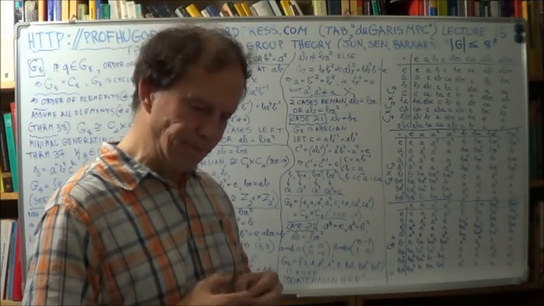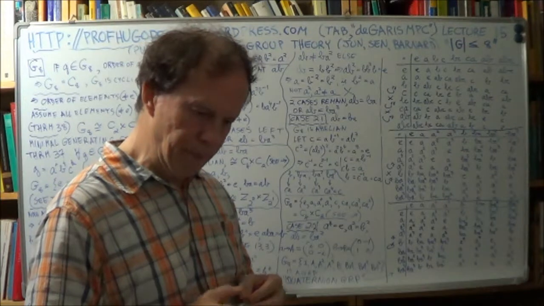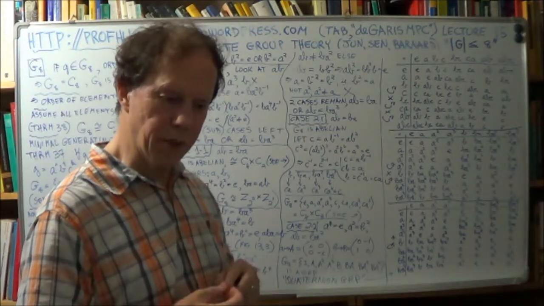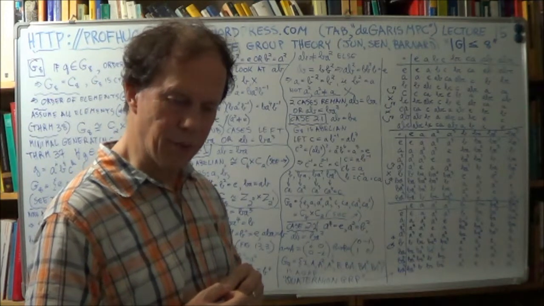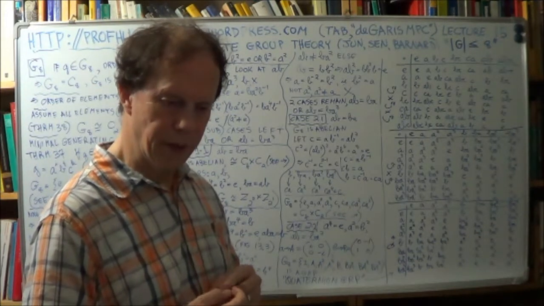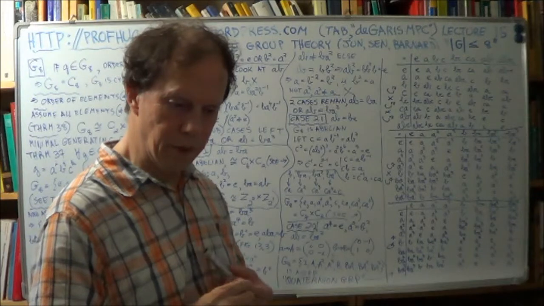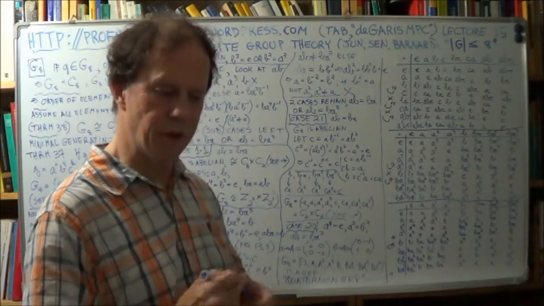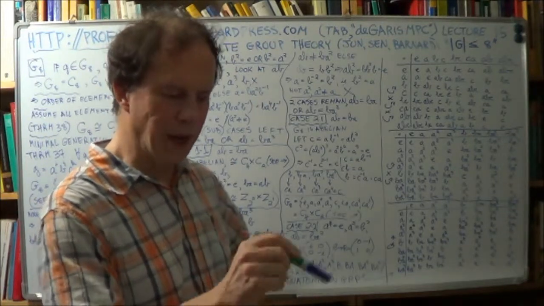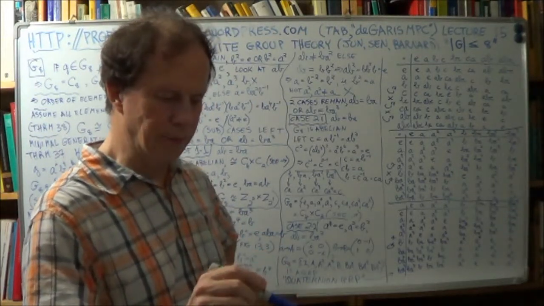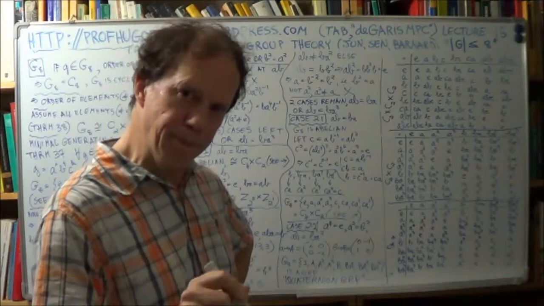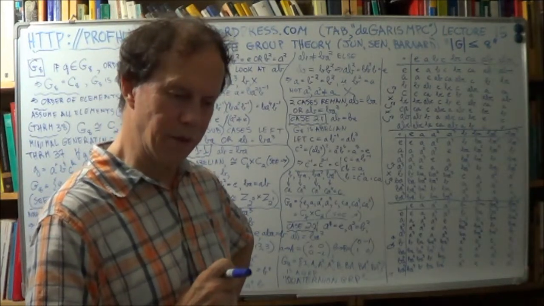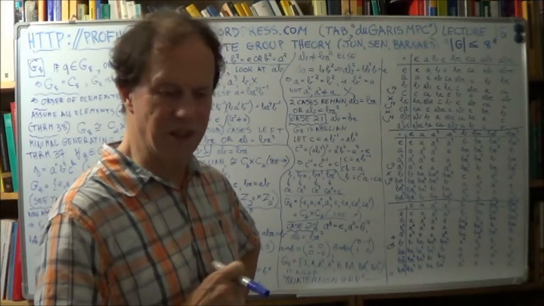And then Hamilton, the famous Irish mathematician, was trying to generalize this concept, asking himself, could you have more complex numbers? Could you have something of the form x plus iy plus jz? And he couldn't get it to work. When he was multiplying, it wouldn't divide, and it just didn't work.